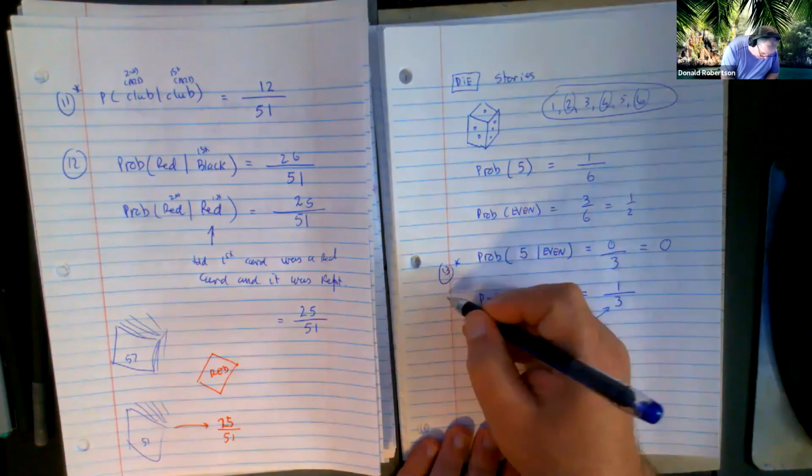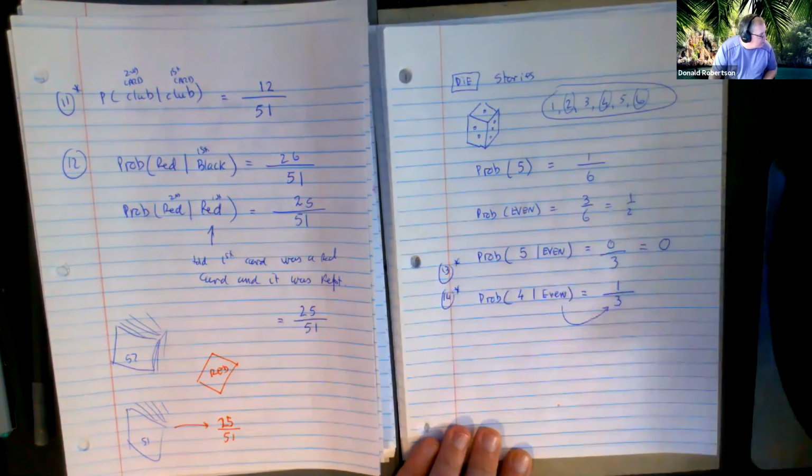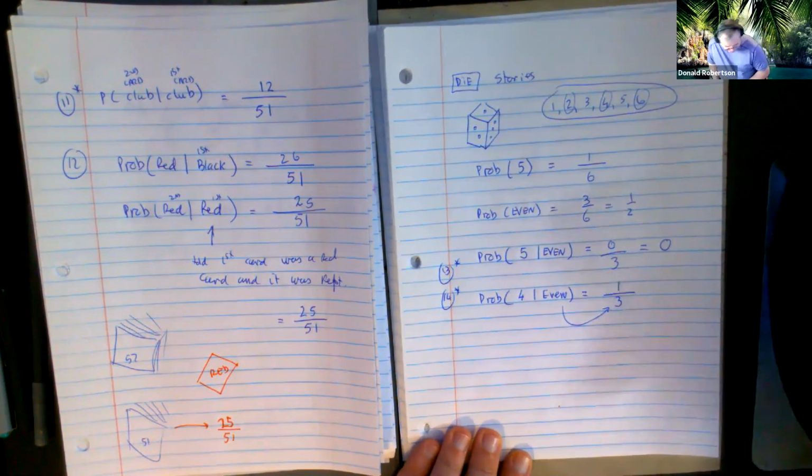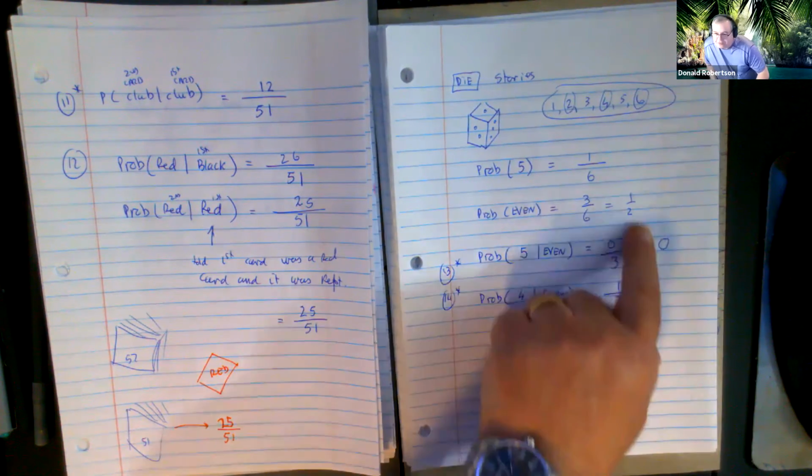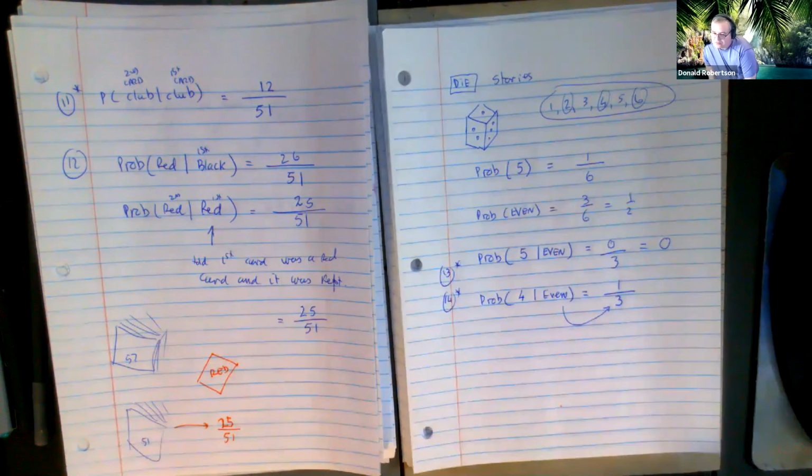Actually, that's what 14 is about as well. Are we okay with a single roll of the dice calculating probabilities? Are there any questions you want me to talk about there? Now we're going to move on to 2 dice.